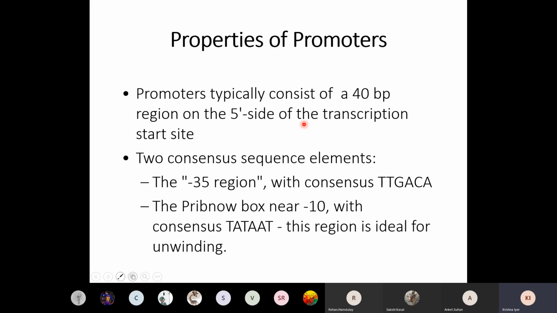Now what you find in this 40 base pair region are what are called two consensus sequences. Consensus sequences are sequences which are seen conserved across many bacteria.